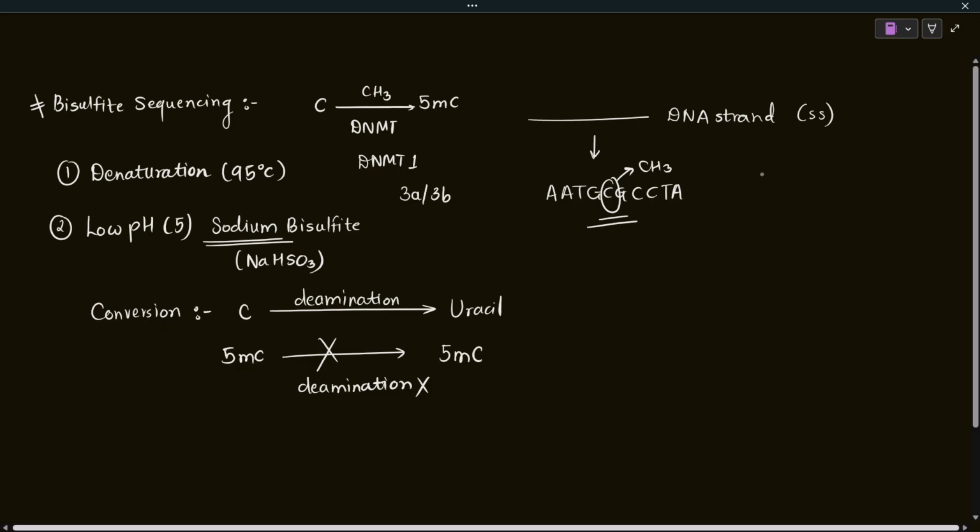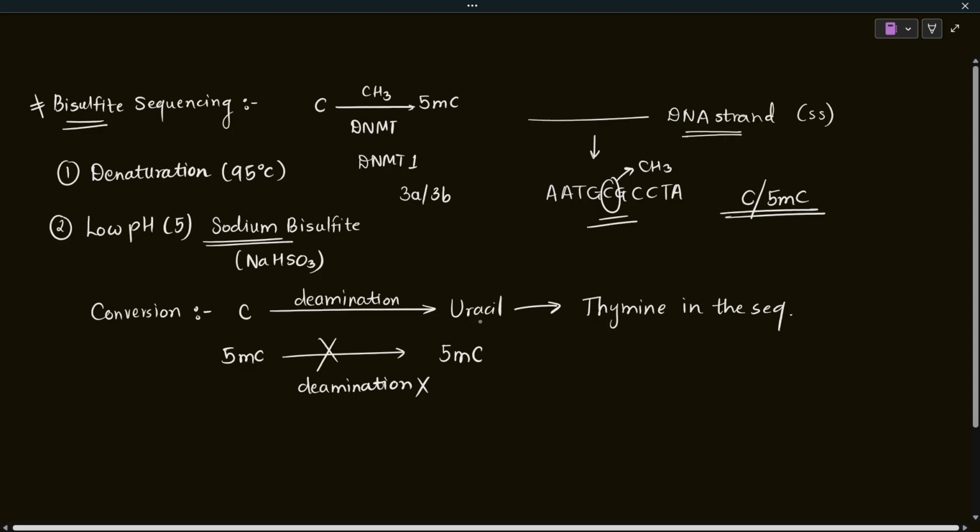In the normal sequencing reactions, we won't know whether it is cytosine or 5-methyl cytosine, right? But here in the bisulfite sequencing, you have converted the cytosine to uracil, and this uracil is detected as thymine in the sequencing reactions.